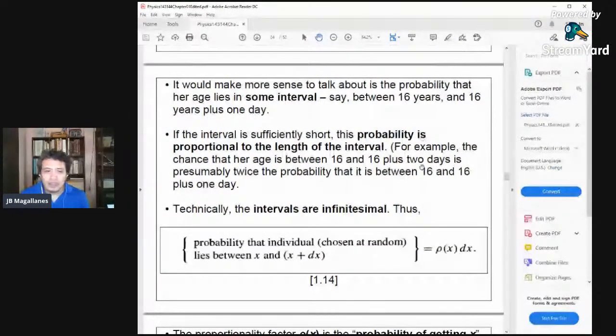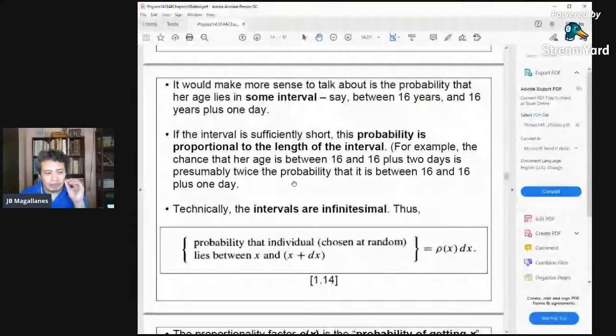So, for example, the chance that her age is between 16 and 16 plus 2 days is presumably higher, or twice the probability of the interval 16 and 16 plus 1 day. So if you have a bigger interval, you have greater probability. A smaller interval would be lesser probability.